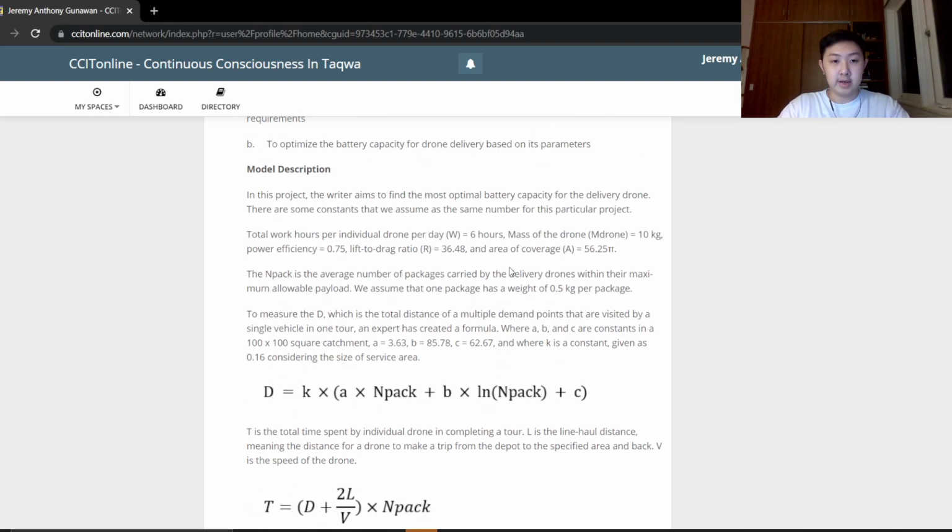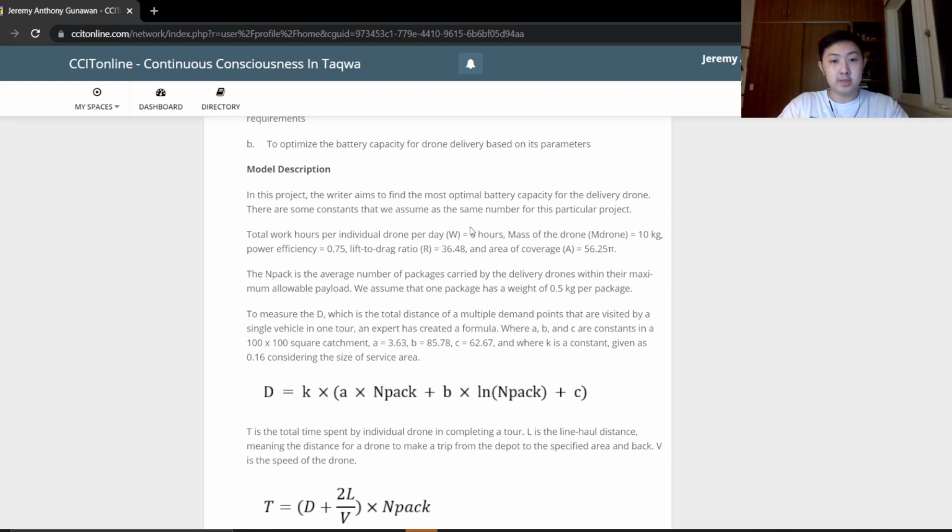So by using this project, hopefully we can find the most optimal battery capacity percentage by considering the drone speed, the drone package it's carrying, and the maximum travel distance. So this project aims at finding the most optimal battery capacity for delivery drones.